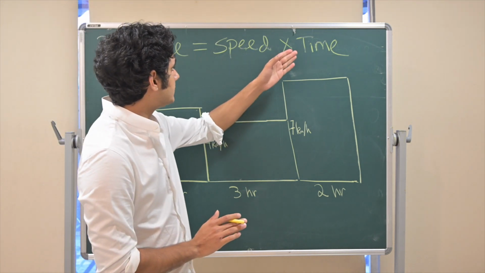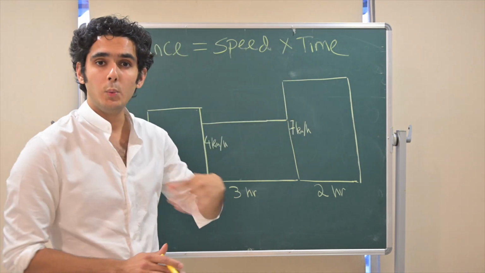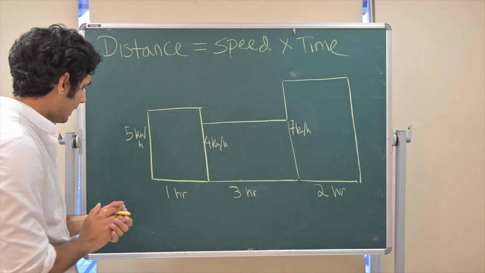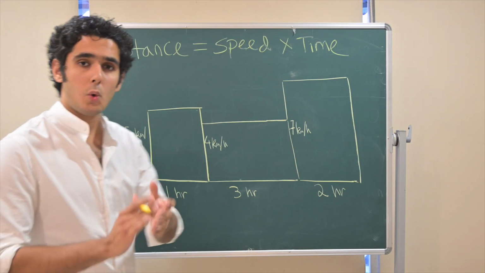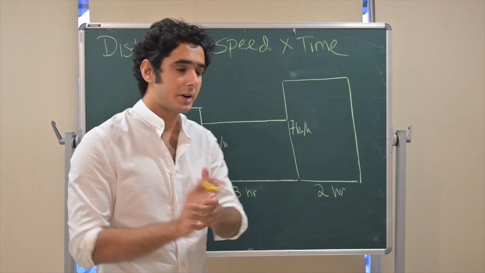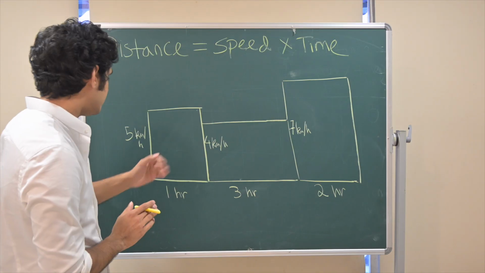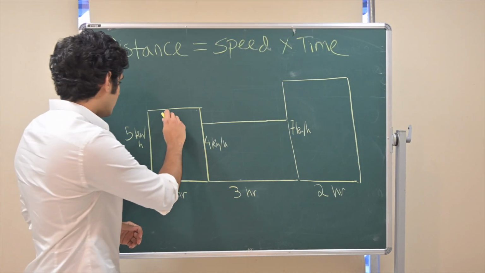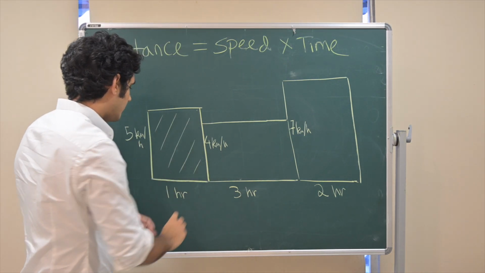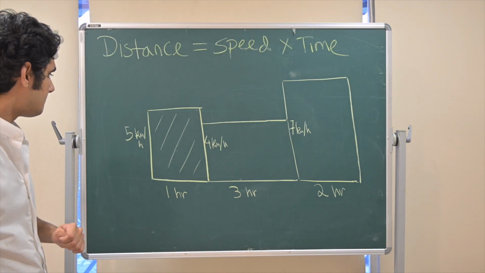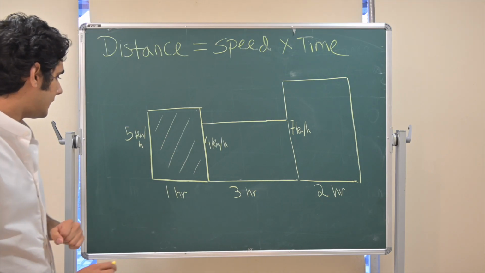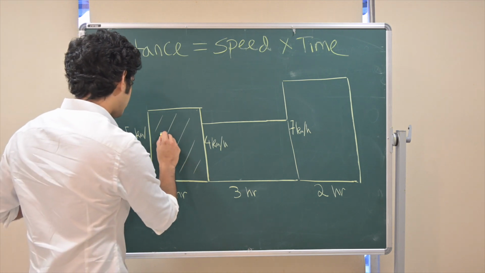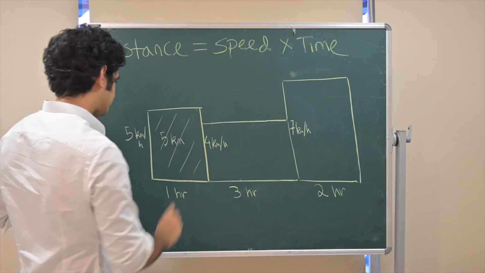And we know wherever we see a multiplication sign, we have to form a rectangle. So that's exactly what I've done. And now we also have a visual representation of the distance that was covered during this first hour. So the area within this rectangle here is the representation of the distance that we covered during the first hour. So that could be 5 kilometers, right?